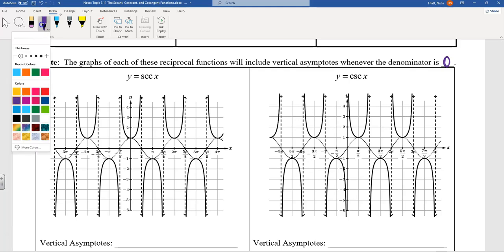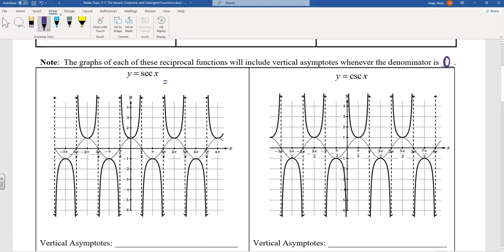Because secant equals 1 over cosine of x. So anytime cosine equals 0, see like right here, or here, or here, or here, I've got a vertical asymptote.